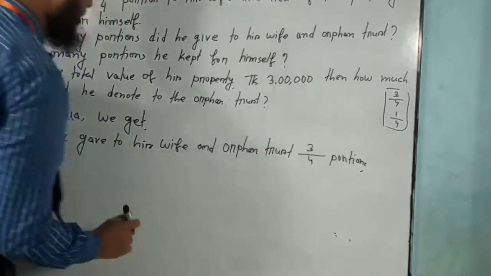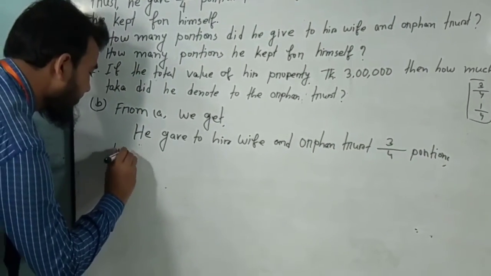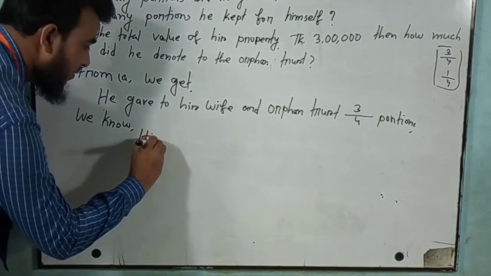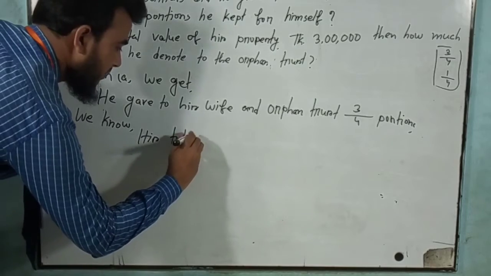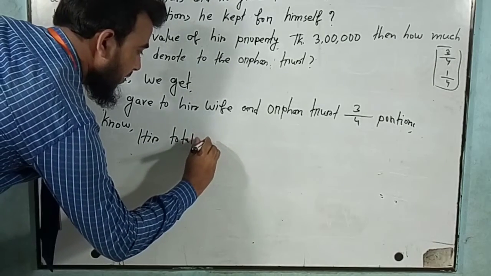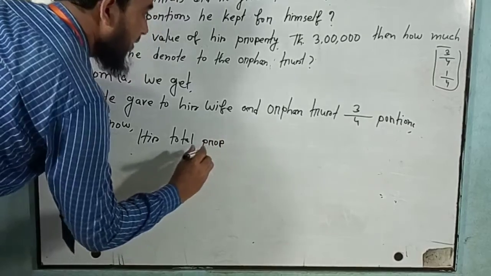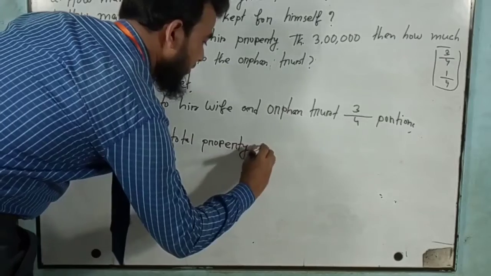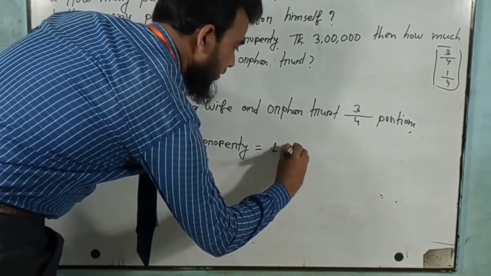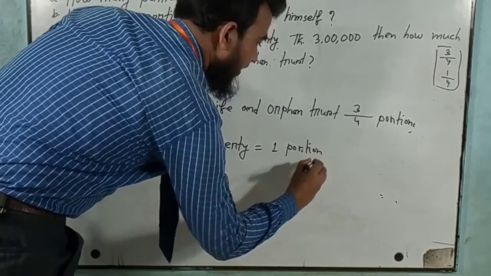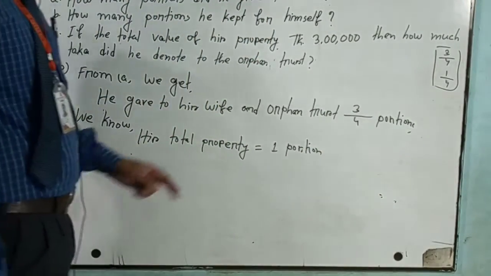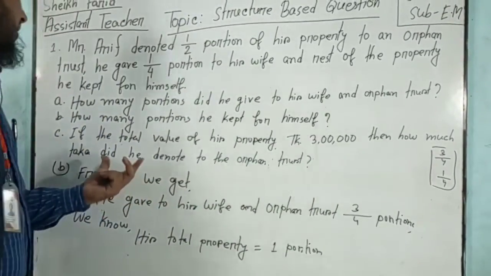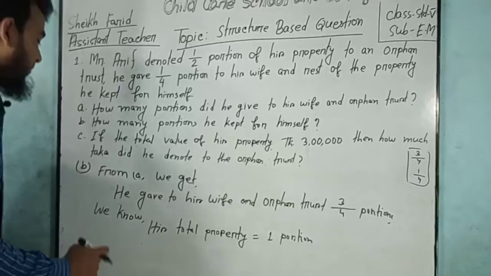Now we can say that his total property equals one portion. So look here, total property is one portion, and already he gave to his wife and orphan trust 3/4 portion. So if we subtract from one portion, then we can easily find how much he kept for himself.